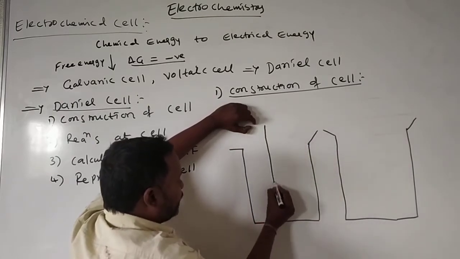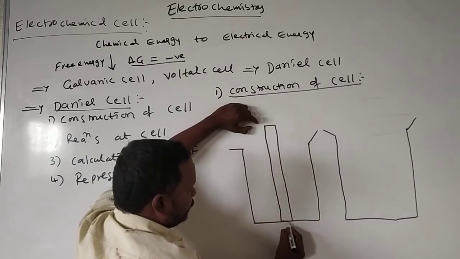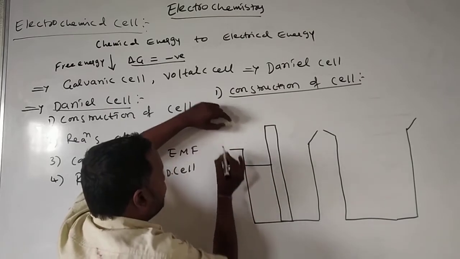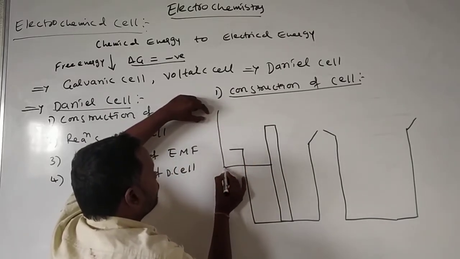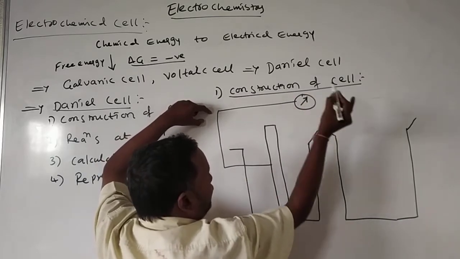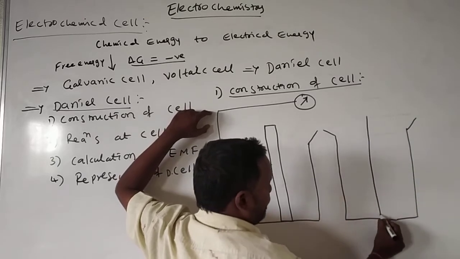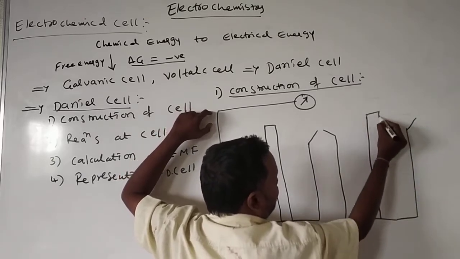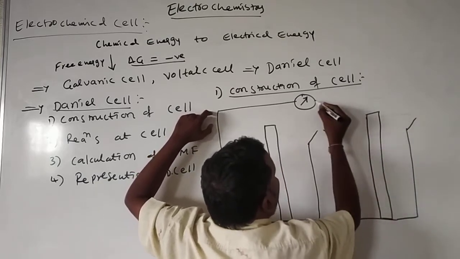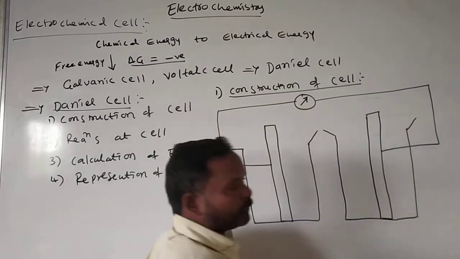Here keep or dip one electrode which acts as the anode, and here also dip one electrode.